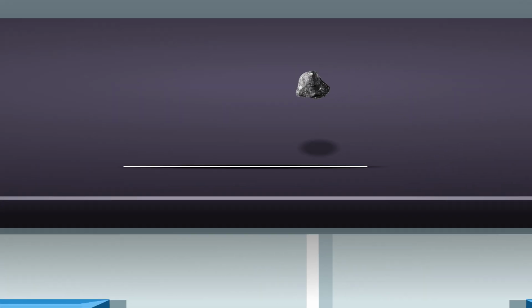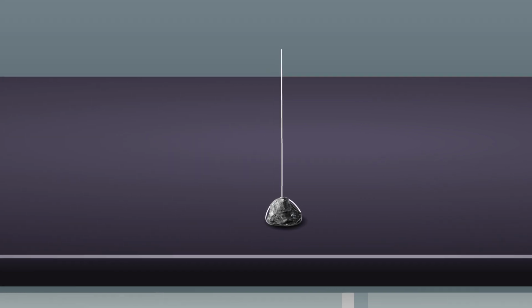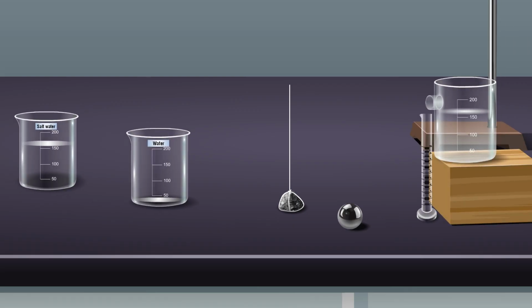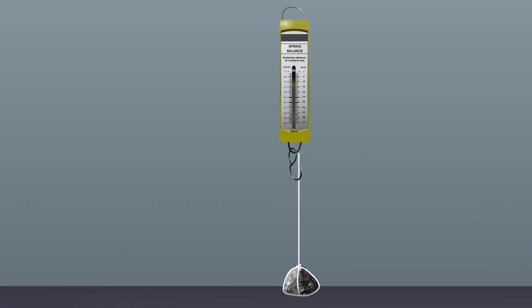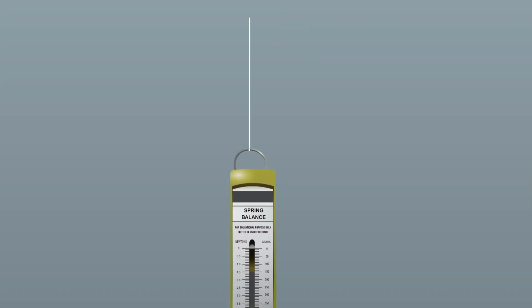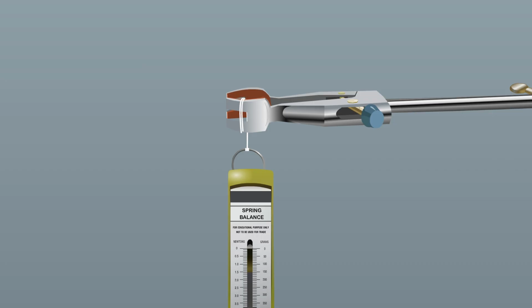Tie one object with thread. Tie the other end of the thread to the hook of the spring balance. Clamp the spring balance with the laboratory stand so that the object is suspended freely in the air.